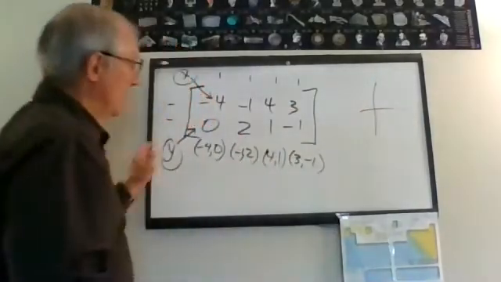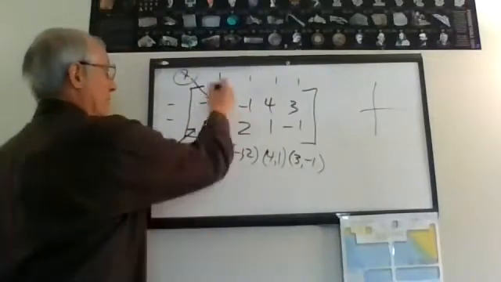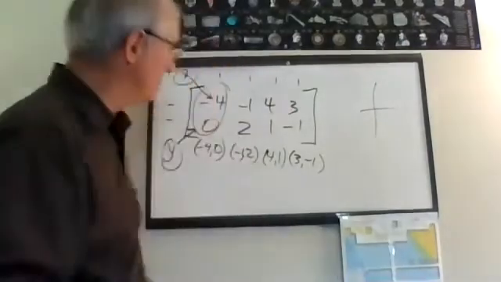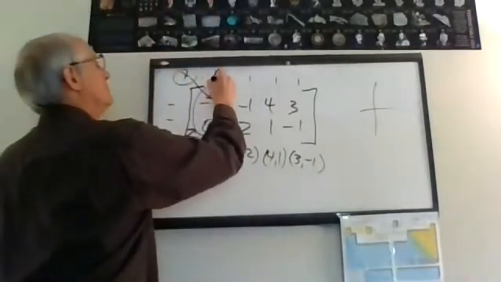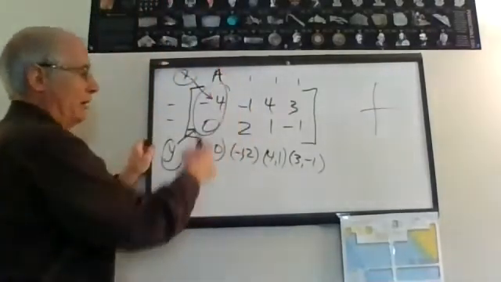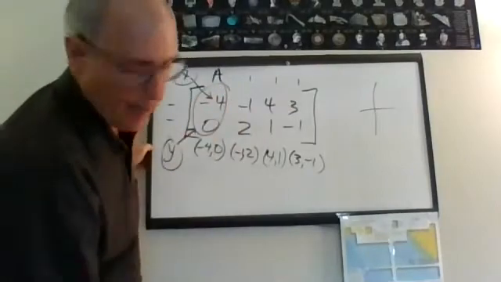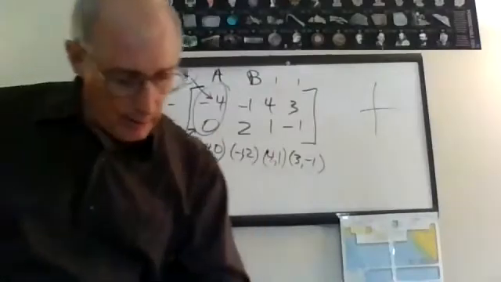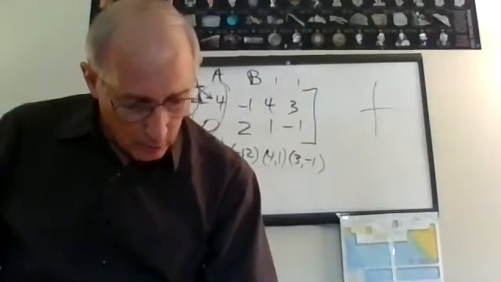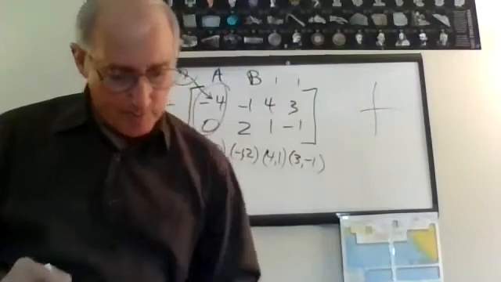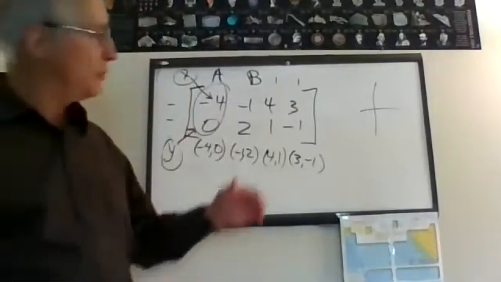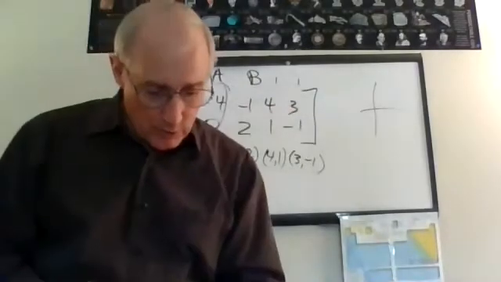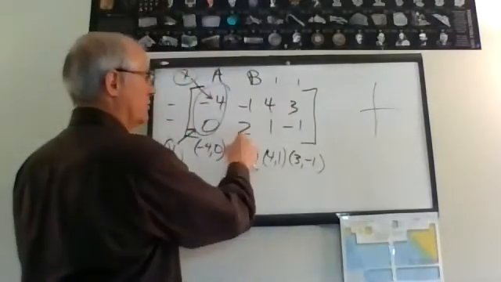Okay. Now, if you plot those points, go -4 and up 0, you're going to have point A. If you go -1 and then up 2, you're going to have point B. Just go ahead and look at example 1, the quadrilateral ABCD in blue. That's what we have right here represented by this matrix. So there's 4 columns, 1, 2, 3, 4.